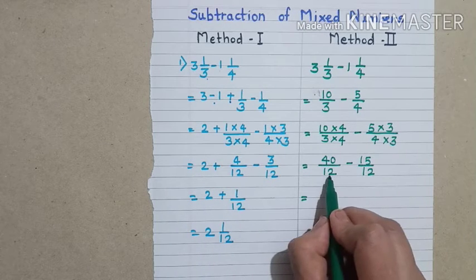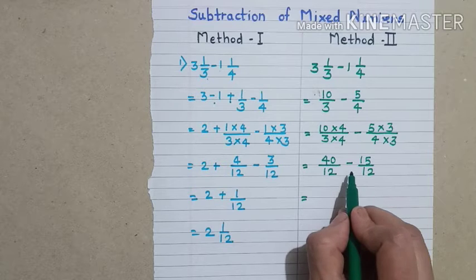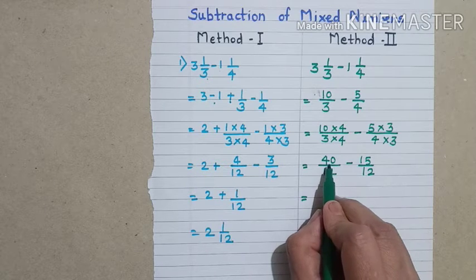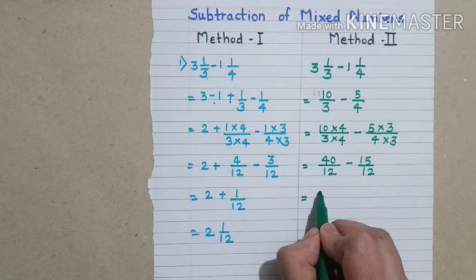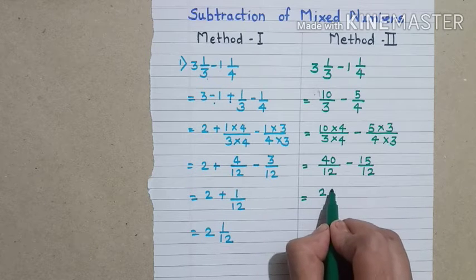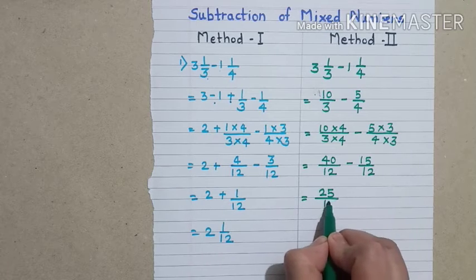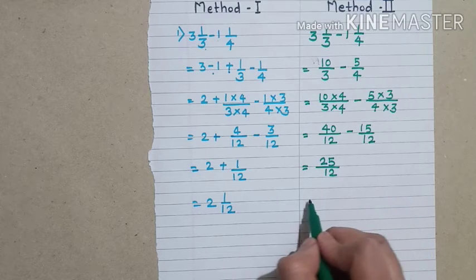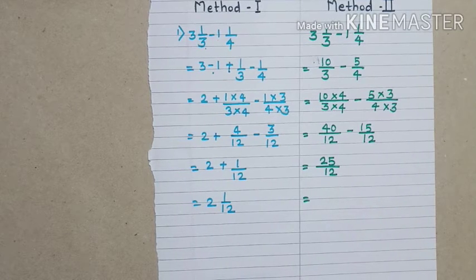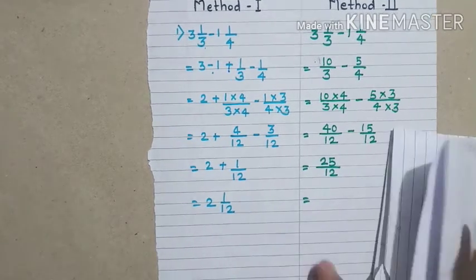Now these are like fractions, so we can subtract this fraction from this fraction. So 40 minus 15, which is equal to 25 upon 12. Now again this is an improper fraction, so convert it into a mixed number. We have learned how to convert them.